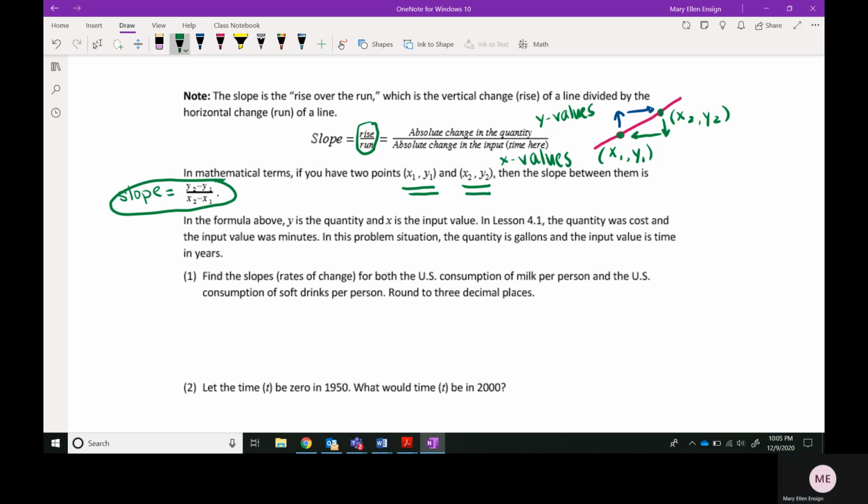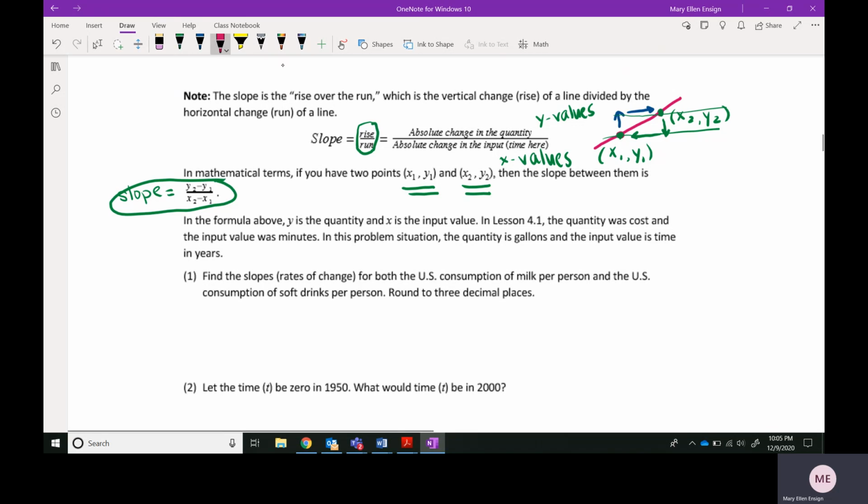So if I want to find out the rise, or the difference in height or vertical space between this first point and the second point, well, I subtract the height where this one is minus the height where this one is. That will give me that difference. There's my y2 minus y1, which gives me the rise.